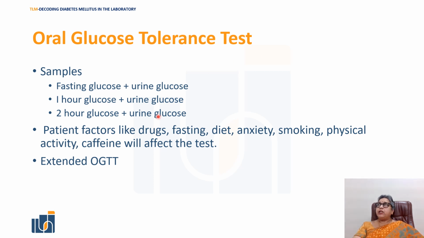Sometimes if your clinician wants, he can ask for a 3-hour sample. In some cases, the clinician can advise a 100-gram OGTT. That's not very commonly done. The usual standard testing is 75 grams of OGTT and you take these samples and you do the test.